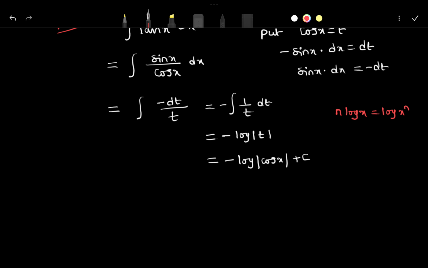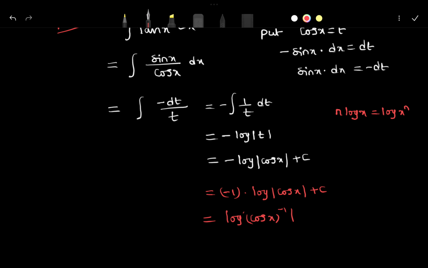So by using this property, we can write minus 1 times log of cos x as log of cos x whole to the power of minus 1.